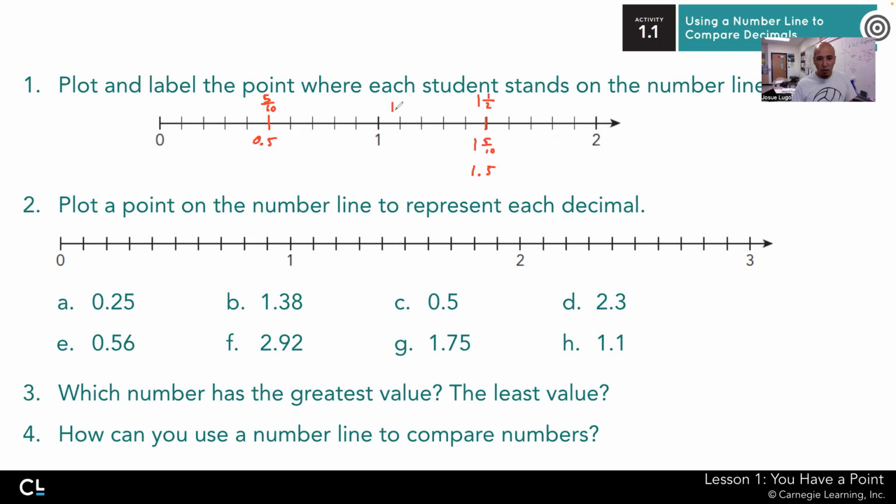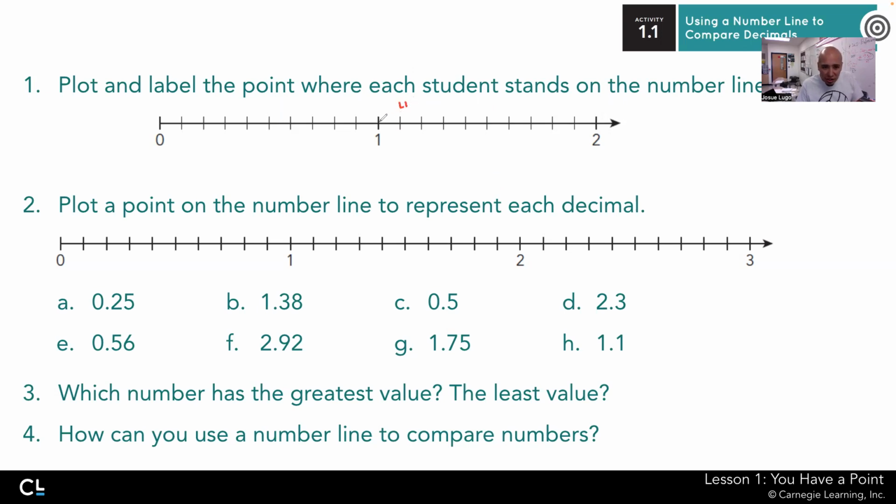Just like this would be 1.1, 1.2, 1.3, 1.4, 1.5, until we get to 1.9, and then the next one would be 2.0, and then 2.1, etc. Notice the pattern that we're following. Now, in between those lines, we can fill in even some other numbers. So, for example, if we have 1 and 1.1, well, guess what?